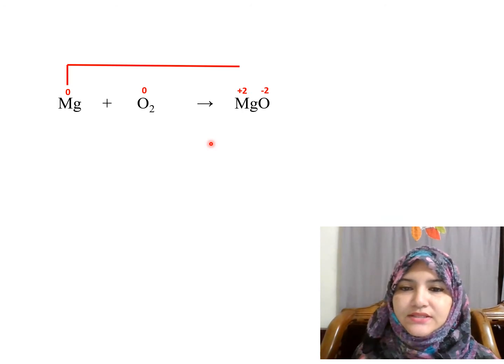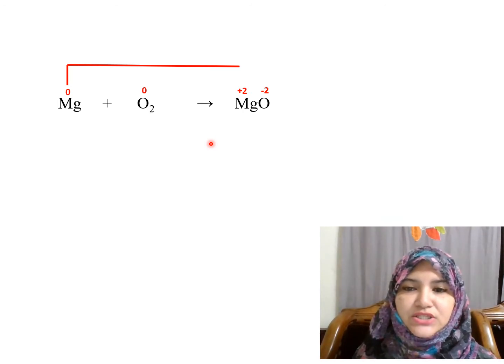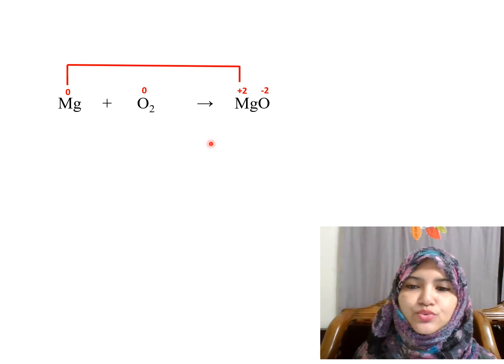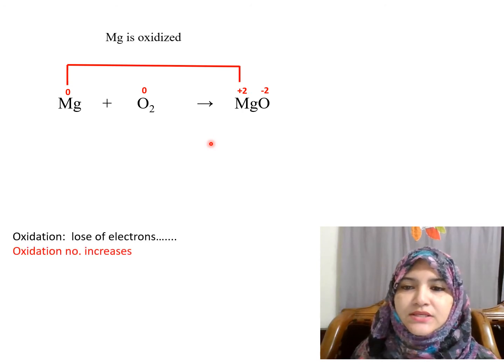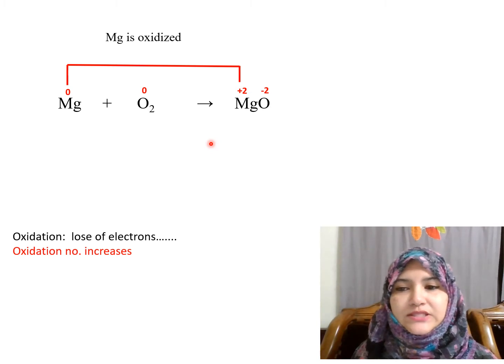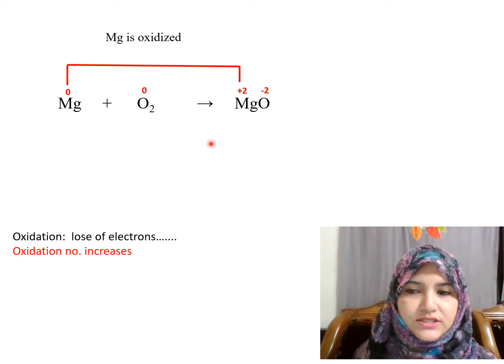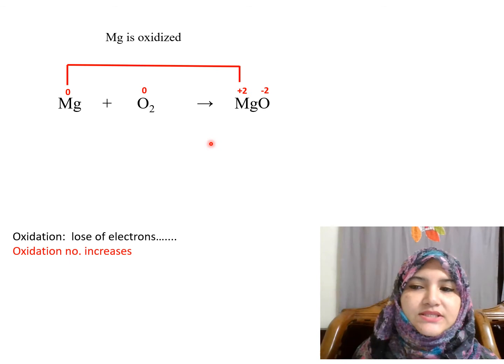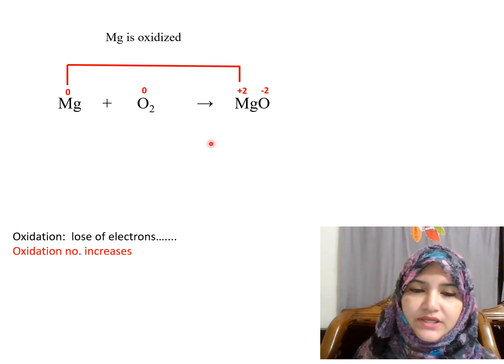Now notice that the oxidation state of magnesium went from 0 to +2. So the oxidation state increased from 0 to +2.